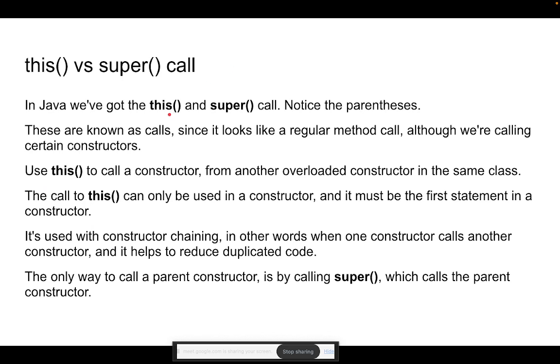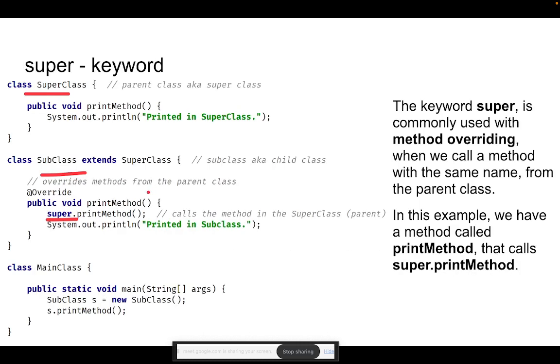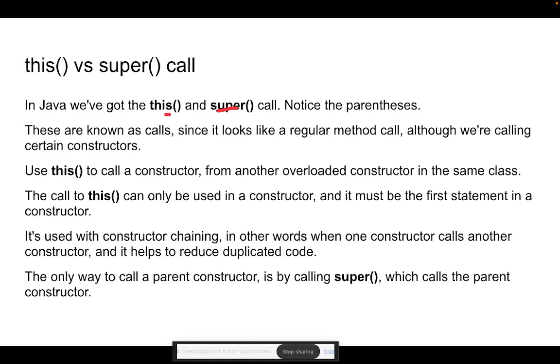Now super() and this() function, the super call function and this call function, are a little different. Here we use just the keywords as they are, right, to call a specific function or access a specific variable. This function, this(), is usually used in the constructor; it basically does the overloaded constructor call, called constructor chaining.